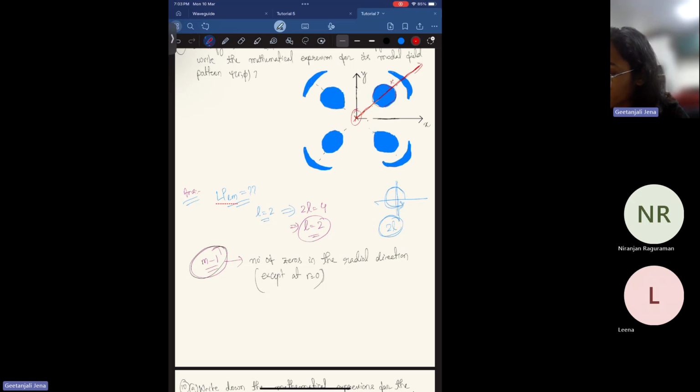In this region the field is 0 and then there is a field. So don't consider the region where we have the origin, and the far field region, don't consider it. Only the region between the mode profiles. Here you can see there is a 0 in the radial direction. Similarly, for this also there is a 0 here.